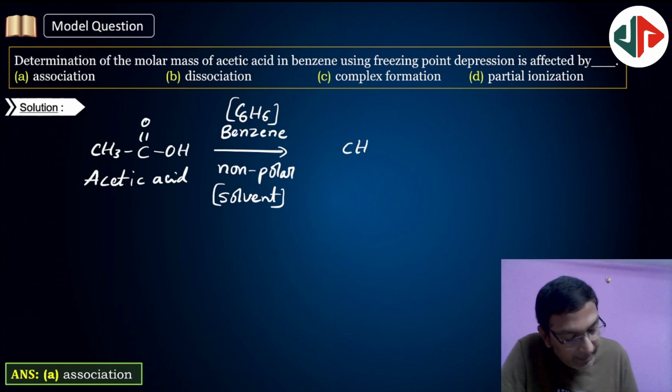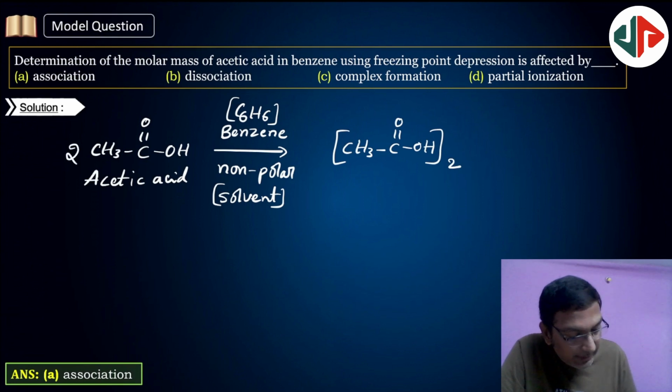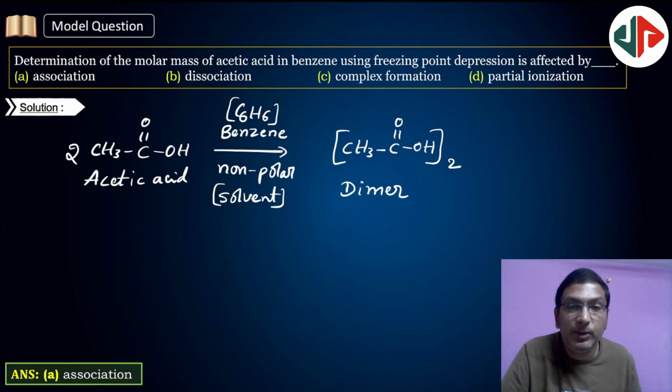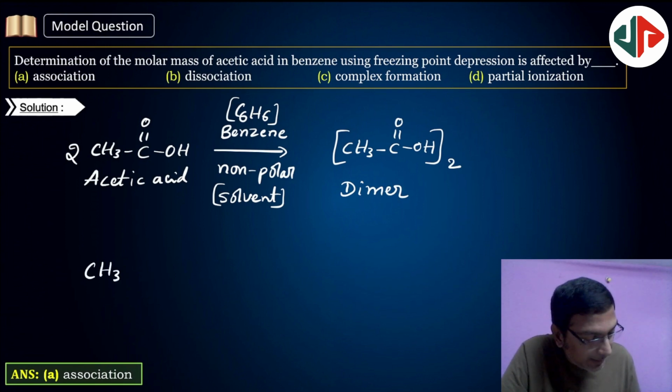Undergoes dimerization. CH3COOH twice. If you take 2 moles. Dimer due to formation of intermolecular hydrogen bonding like this. Molecular association takes place.